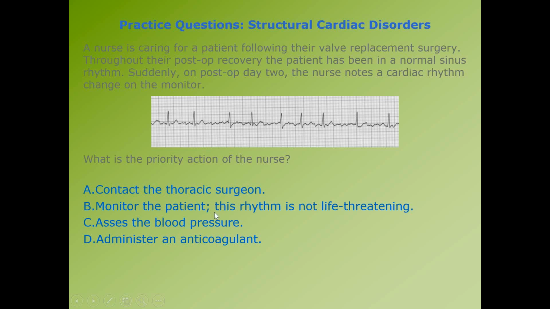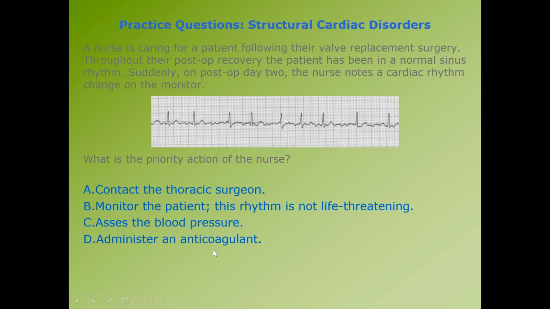Now, monitor the patient is also something that you're going to do, and it is true that the rhythm's not life-threatening, but you have to ensure that the cardiac output has not gone down drastically, and doing that would be the blood pressure.